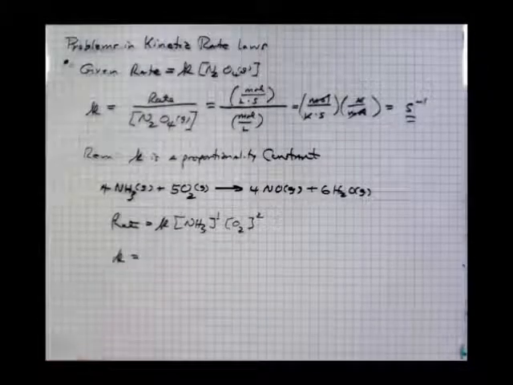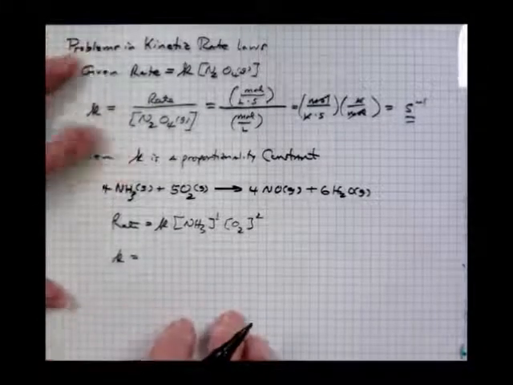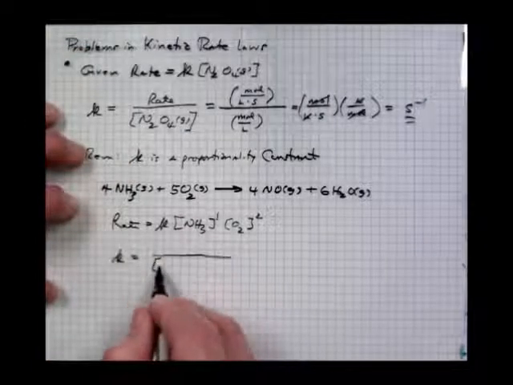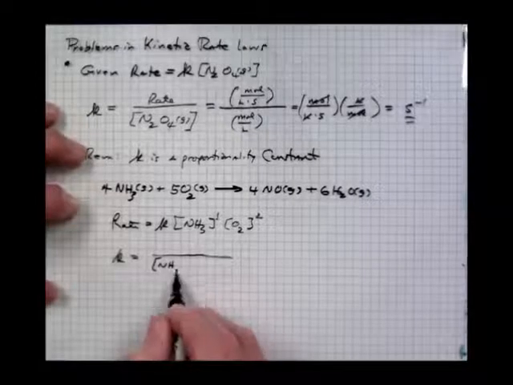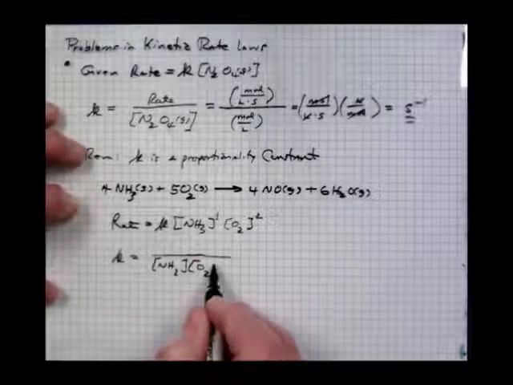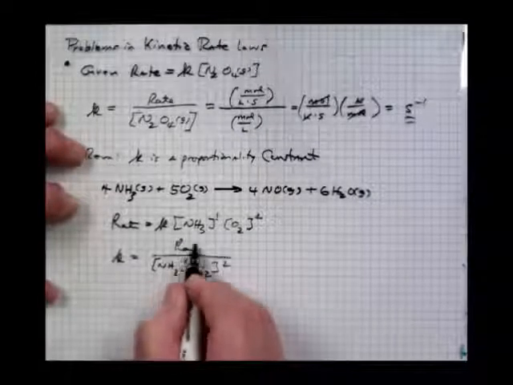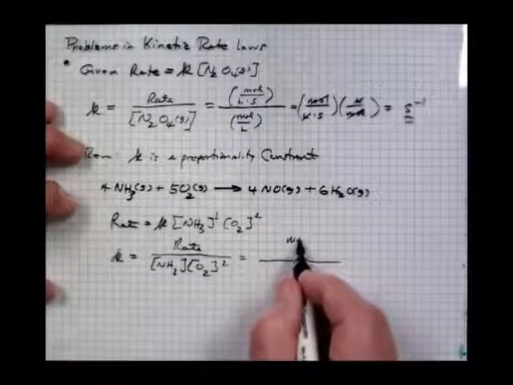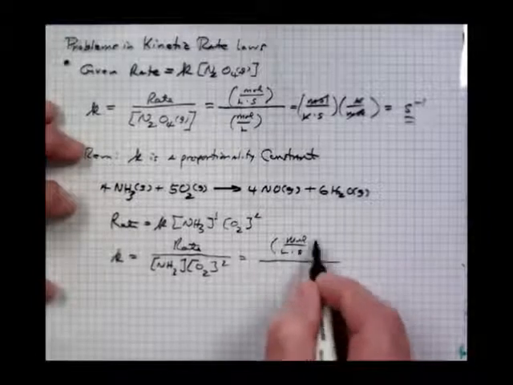So K in this particular case is, and I write the denominator first, centralize everything, like that. And so this is mole over liter seconds.